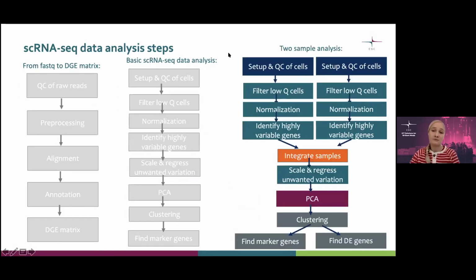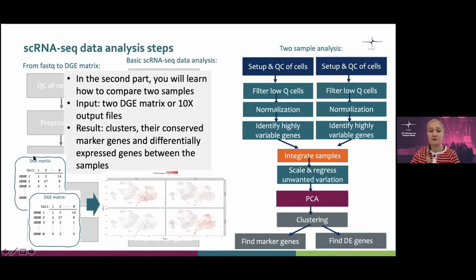The second analysis type that will be covered in the course is this 2-sample analysis. So here you started with 1 digital expression matrix, and now you will start with 2. So you have 2 digital expression matrices as input, and as output you will get clusters for the 2 different samples in your data, and their conserved marker genes and the differentially expressed genes between the samples.